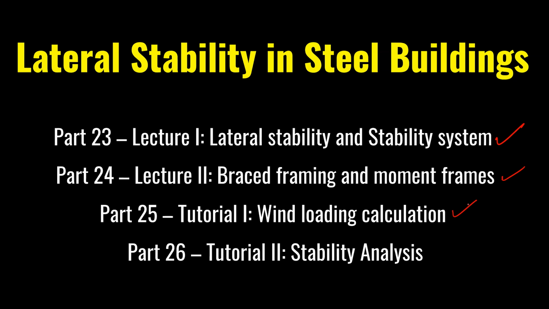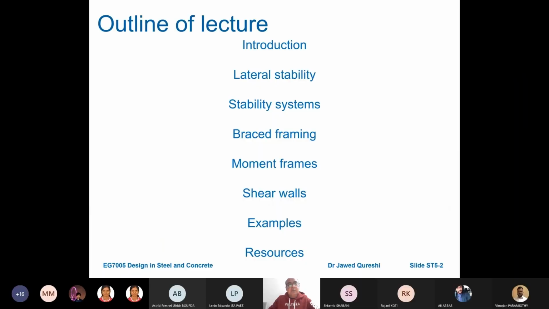The final part, part 26, is about stability analysis, where I'll be working out alpha critical. This is how my presentation is organized today. So first introduction, then lateral stability, then stability systems, then braced framing, then moment frames, and then shear walls, and then examples, and then resources. What I will not cover in detail is the moment frames.